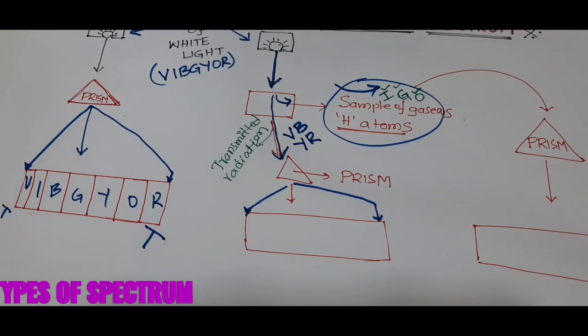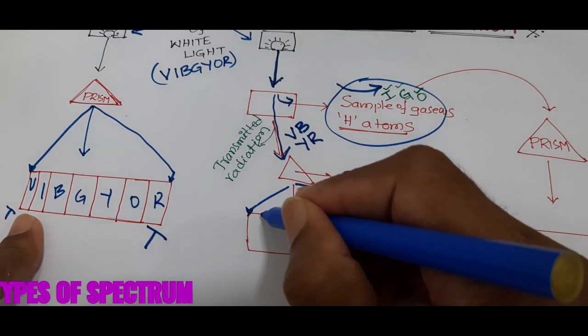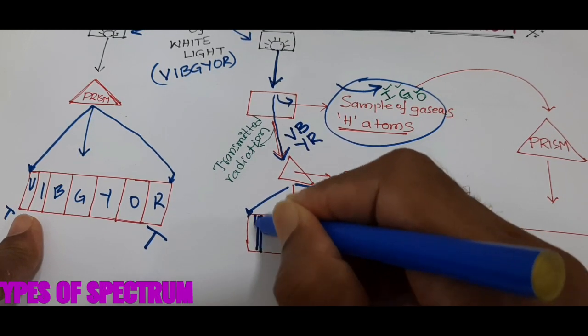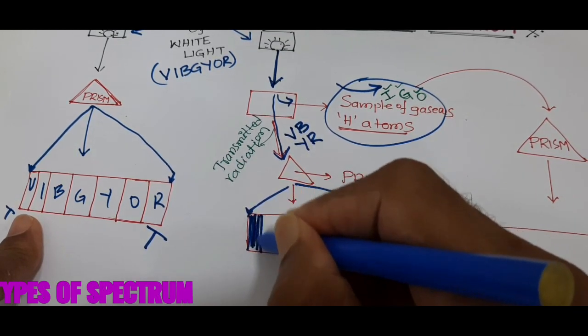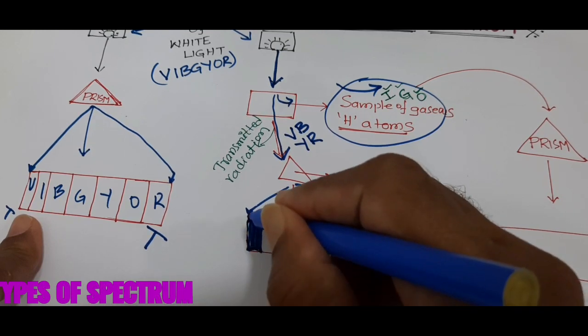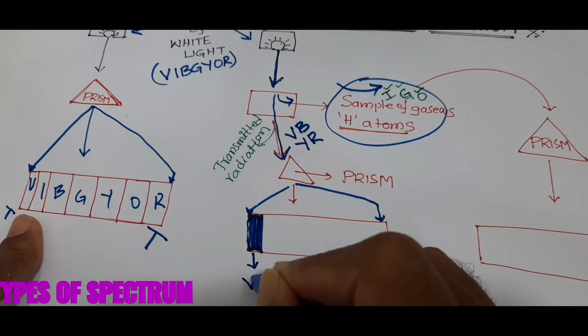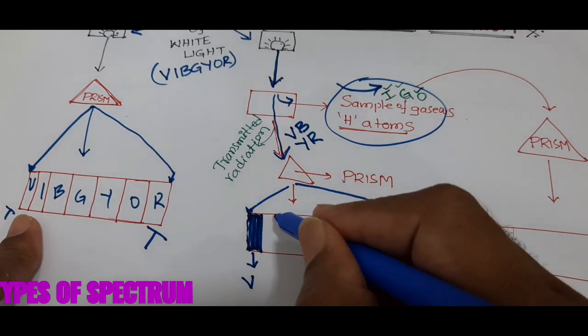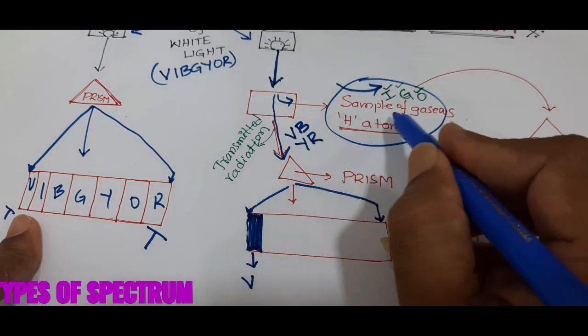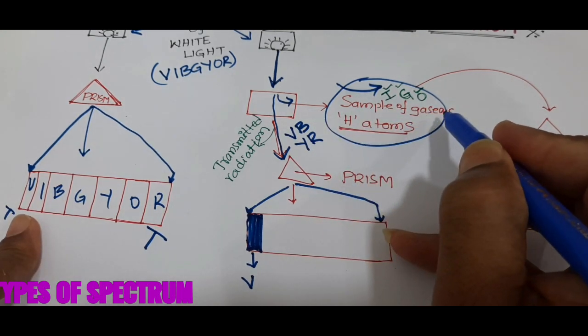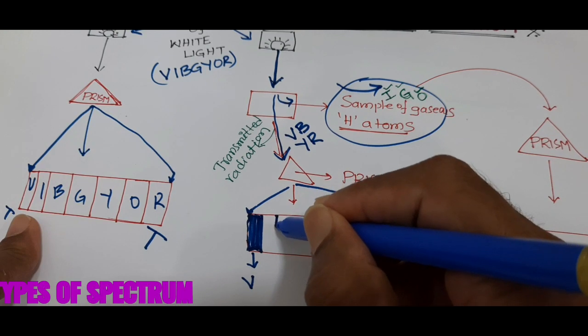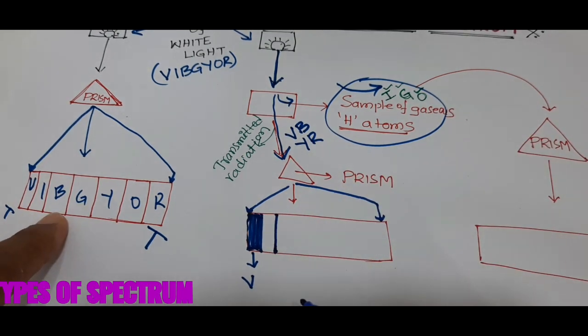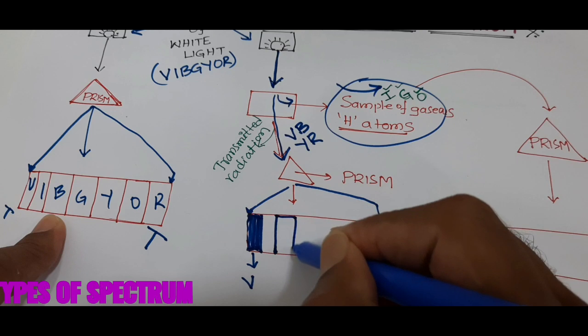Now you are advised to compare. Violet color is there or not? In this spectrum, violet color is there. Here also violet color is there. This spot is called violet. Indigo, there is no color here, because that indigo was absorbed by the sample of gaseous hydrogen atoms. You left the space. And then blue color is there.